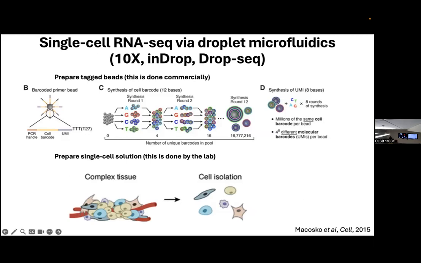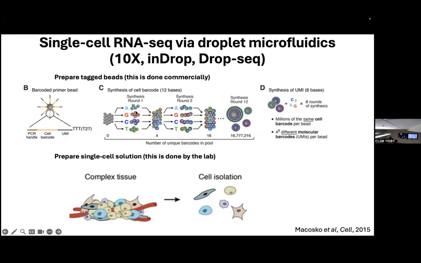So here's some more from the Macosko paper back in 2015 describing this initial technology. I'm not going to go into the super nitty-gritty details here, but you have these barcoded beads. There's a PCR handle, a cell barcode, a UMI, followed by an oligo dT.